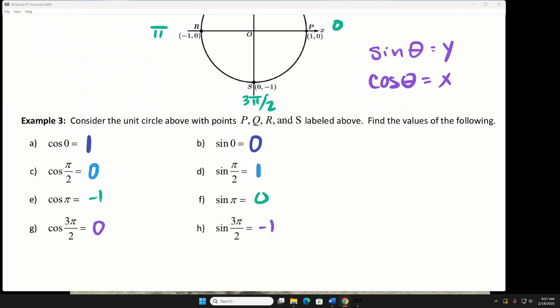Check your stuff with mine. Those are the quadrant angles. The sine and cosine of the quadrant angles are either going to be 0, 1, or -1. There'll be nothing else for sine and cosine.